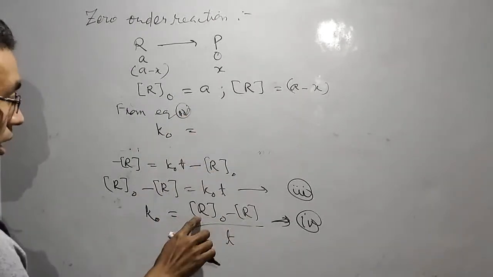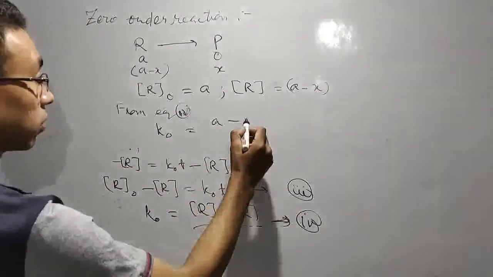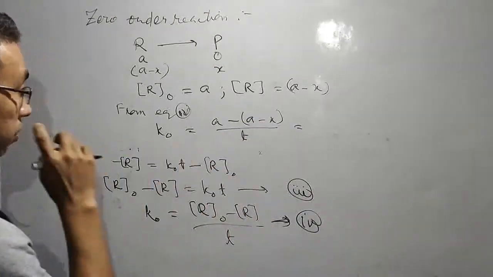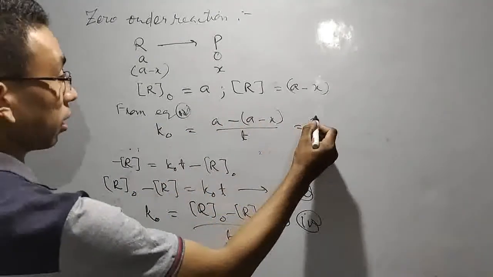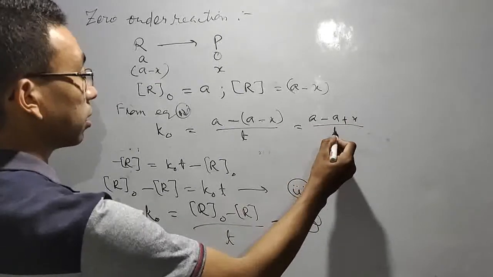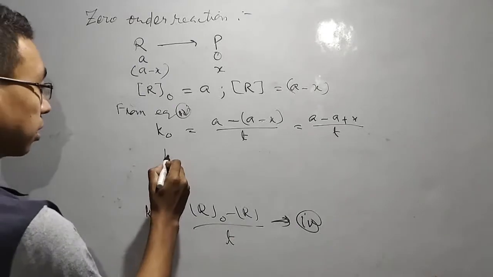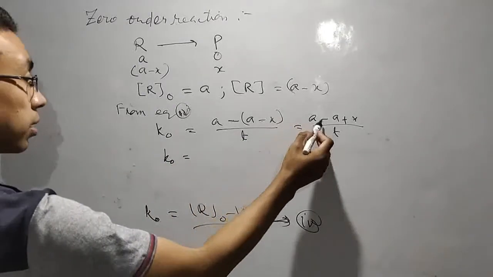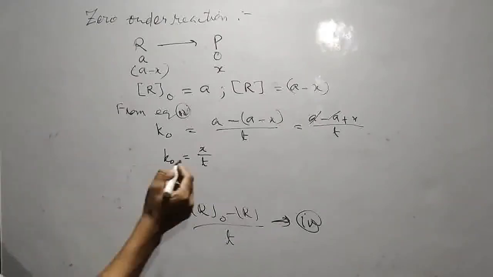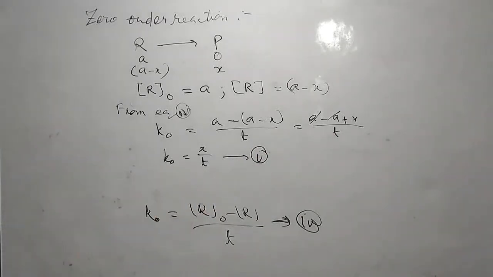K naught equals R naught, we write A, then minus R, we write A minus X, divided by T, which is equal to A minus A plus X divided by T. Therefore what do we get? K naught is equal to, A minus A is 0, so it will be X by T. So this is equation number 5.